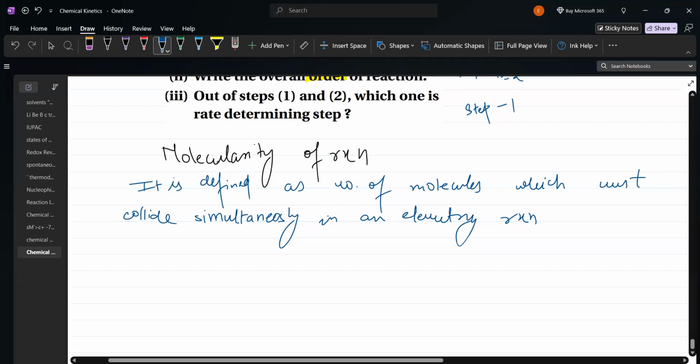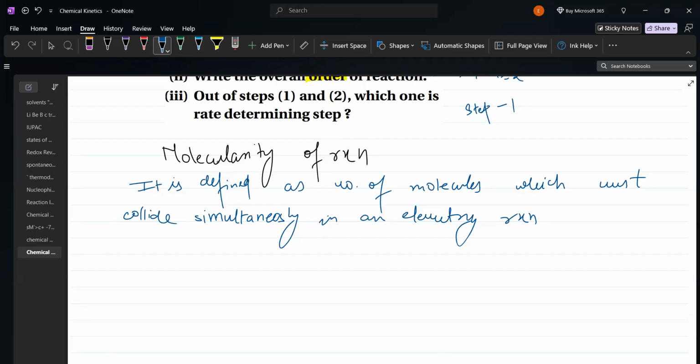The reactants, the number of molecules that should collide, should be colliding at a single point of time. So that is in the elementary reaction.